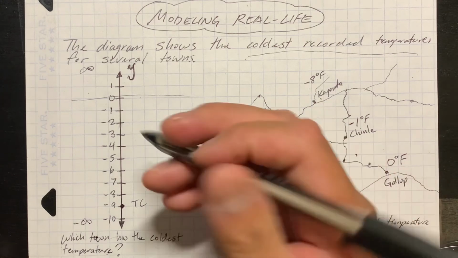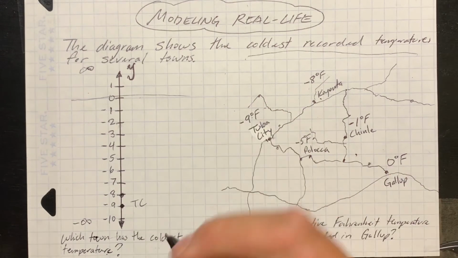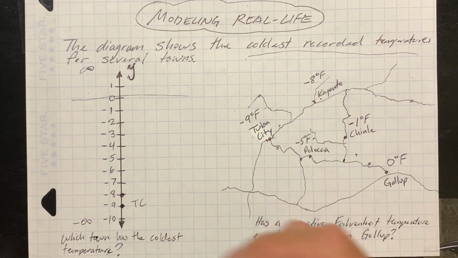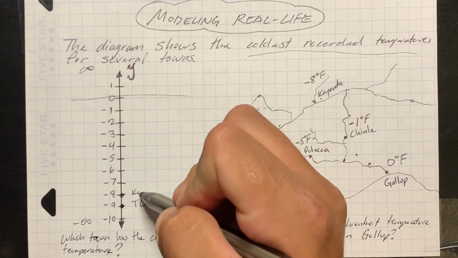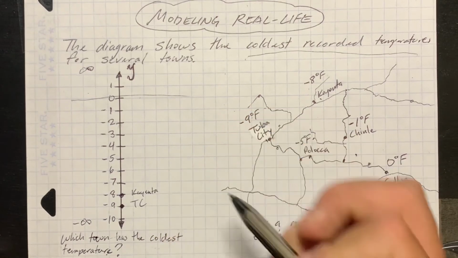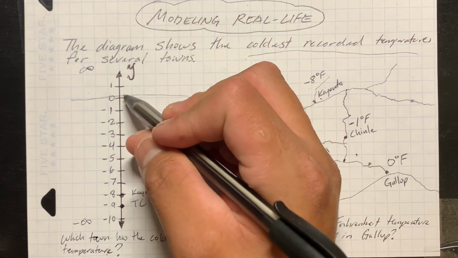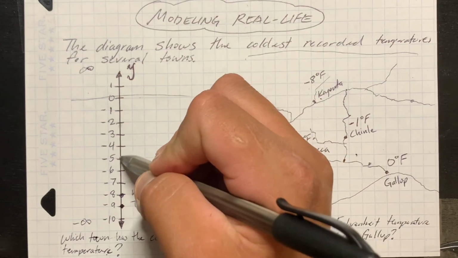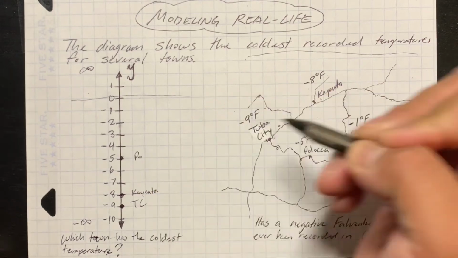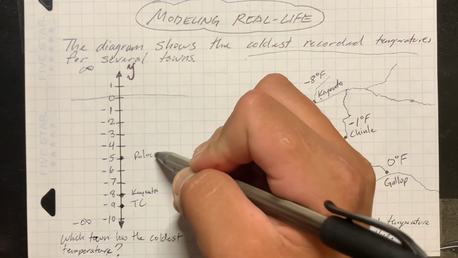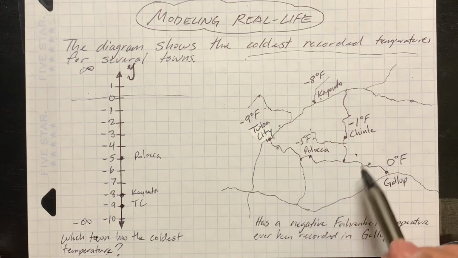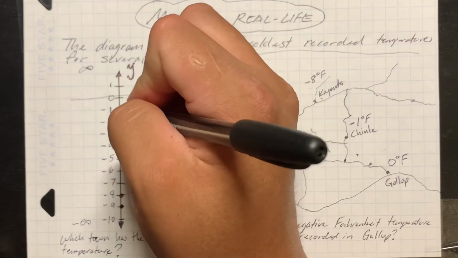Kayenta is at -8 degrees Fahrenheit. Again, these are just made up. They're not factual. Palaka at -5 degrees Fahrenheit. So start at 0, the origin, go to -5. Here's Palaka. And then we have Chinle at -1 degrees Fahrenheit.